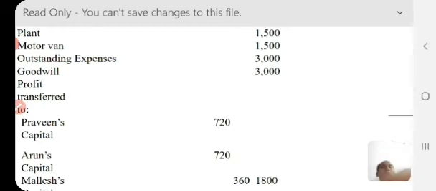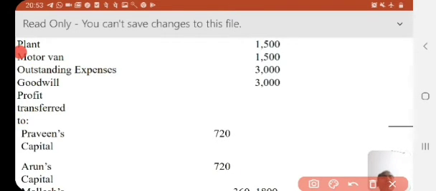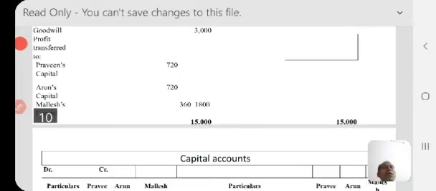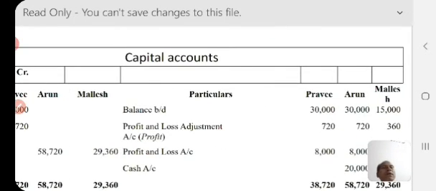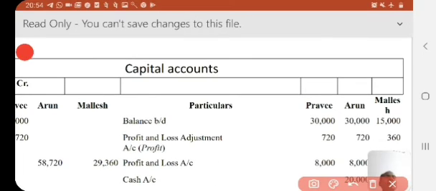Profit is transferred to Praveen's Capital, Arun's Capital, and Mallesh's Capital. We have prepared the revaluation account, that is the profit and loss adjustment account, and the capital accounts. So we entered the balances, the profit and loss account mentioned in the balance sheet, and the cash brought by the partners.